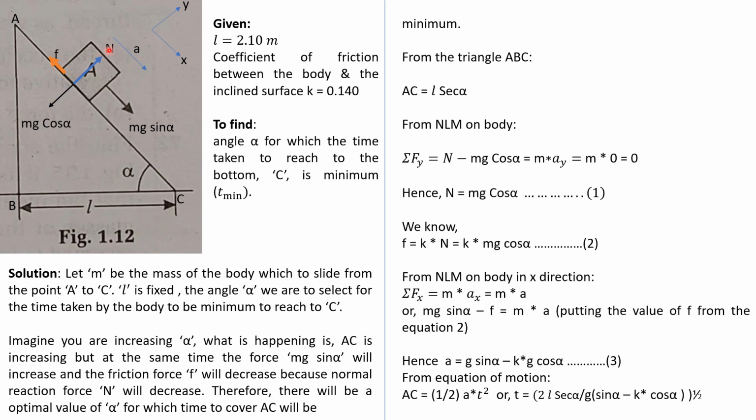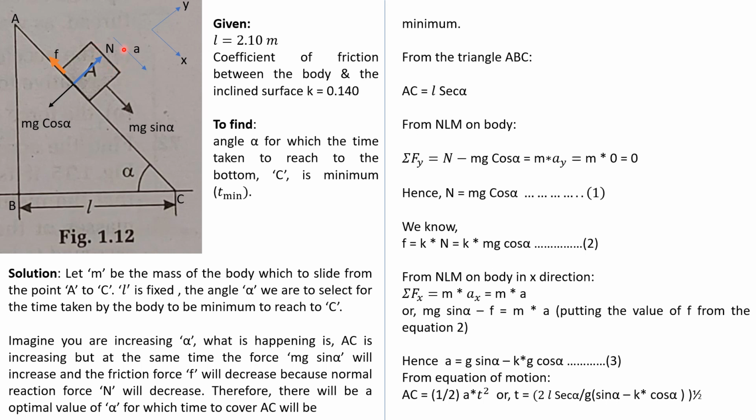And there is no motion involved perpendicular to the inclined plane. So the normal reaction force by the inclined plane on the body, N, will always be equal to mg cos alpha. So as alpha is increasing, cos alpha is decreasing, so the normal reaction force will be decreasing.